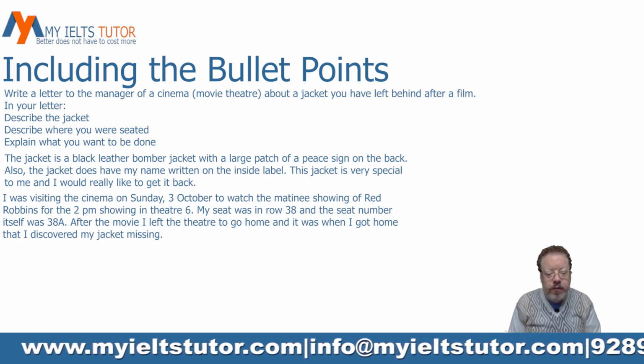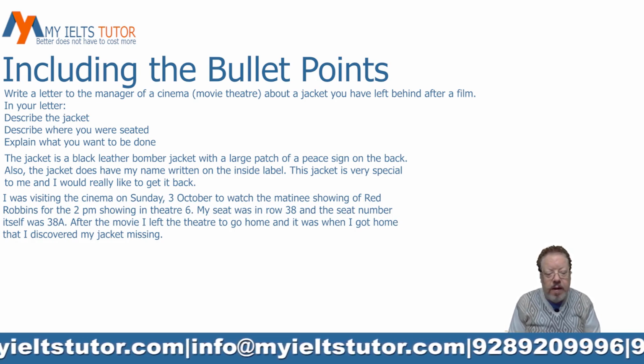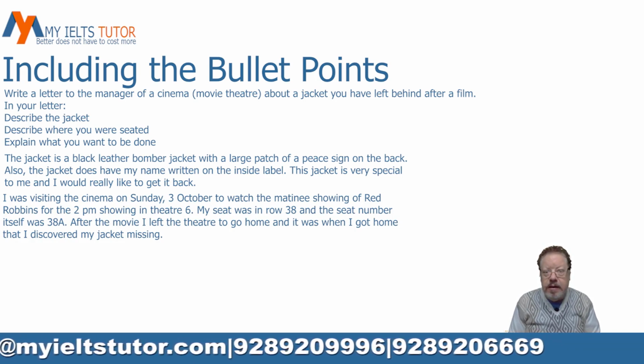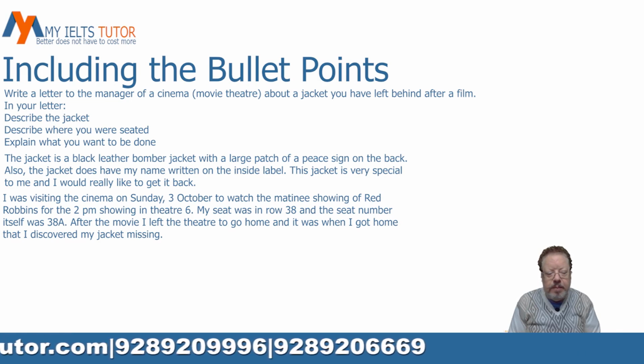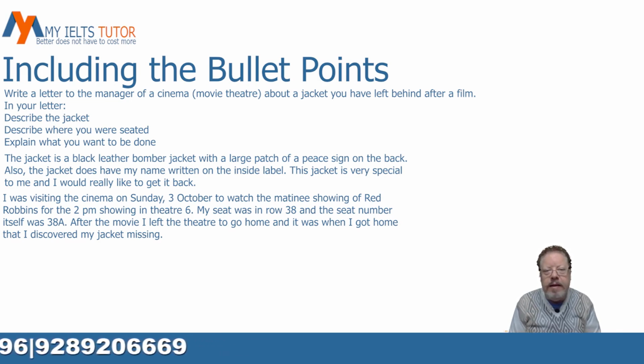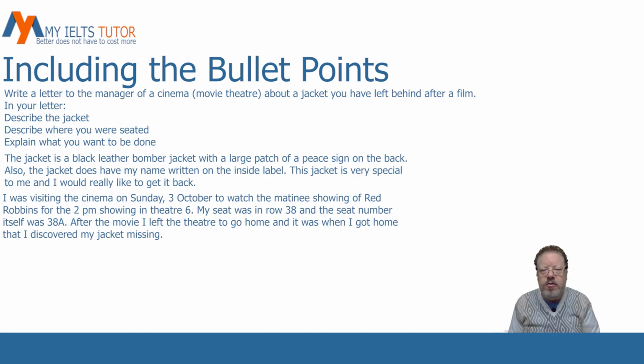And then for the second one, describe where you were seated. Now, the second sentence gives that. The first sentence gives some context of when that person was there, and it's relevant because it introduces that point and adds a little bit more supporting details.